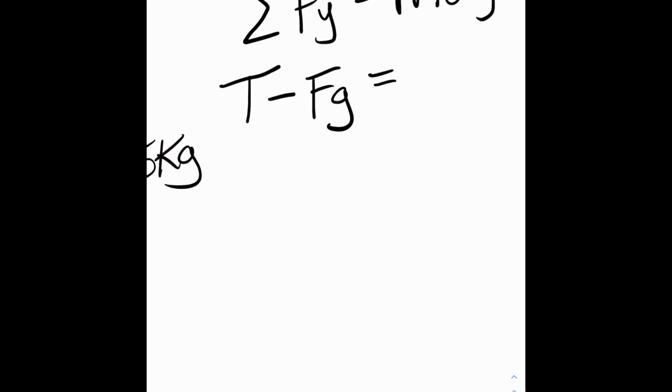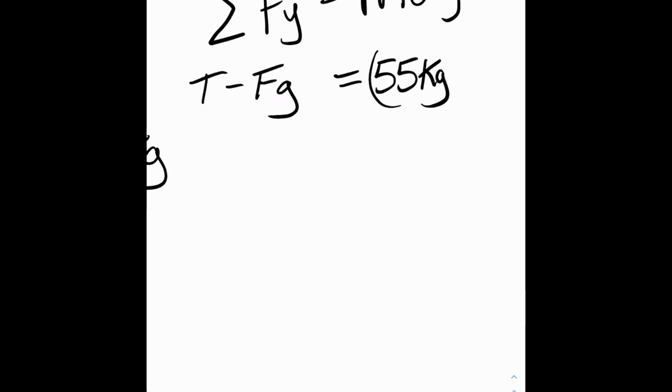Sum means add. Because really, what this was is T plus negative Fg. And that's the same as T minus Fg. So it's just easier for me to write T minus Fg. So that's why. The mass of the crate we said was 55.